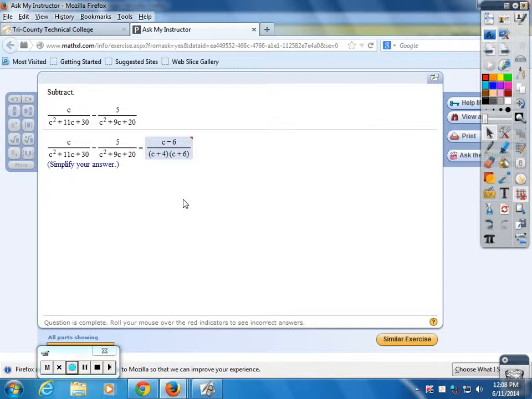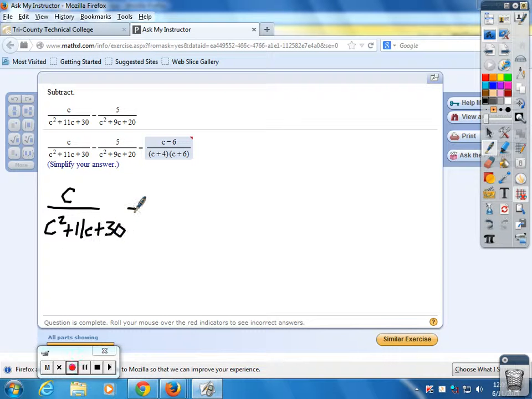Bring it back down, please. All right. I got it right. So C over C squared plus 11C plus 30 minus 5 over C squared plus 9C plus 20.